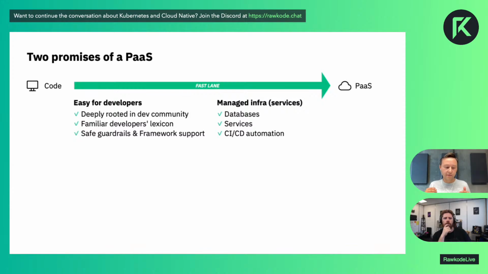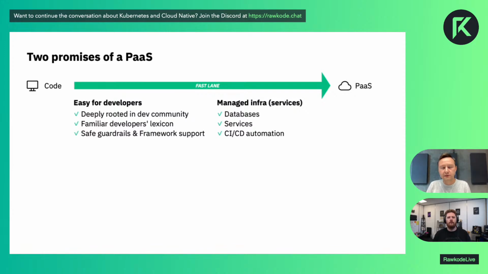They have to speak to developers in their lexicon, and they don't even sell support for a specific programming language. They usually sell support for a specific framework, and they gradually build trust with developers, so developers know they can rely on the expertise of the platform as a service to deploy their application.